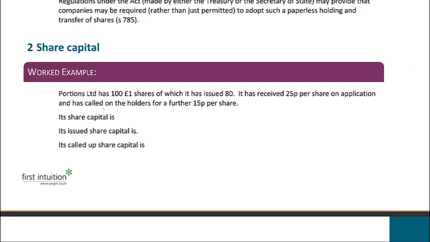Portions has £101 shares and it's issued 80. It's received 25 pence per share on application and has called on the holders for a further 15 pence per share. Well, the company's share capital here is £101, 100 times £1. Its issued share capital, however, is only £80 because the company has issued 80 shares and they are each ordinary £1 shares.